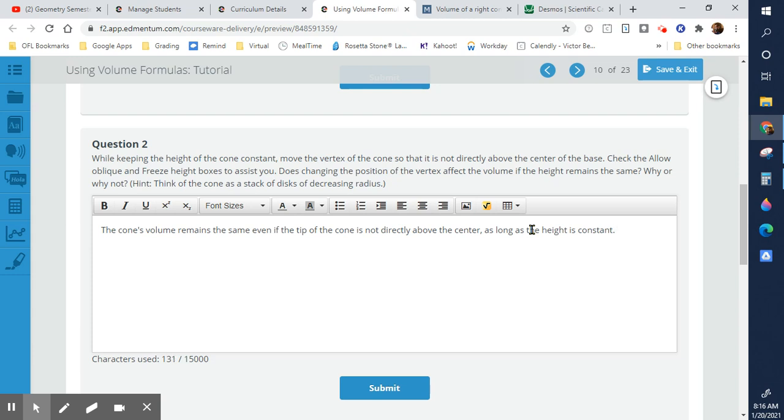So what I'm basically saying is as long as the height stays the same, even if it's not above the center, the volume's still going to stay the same.